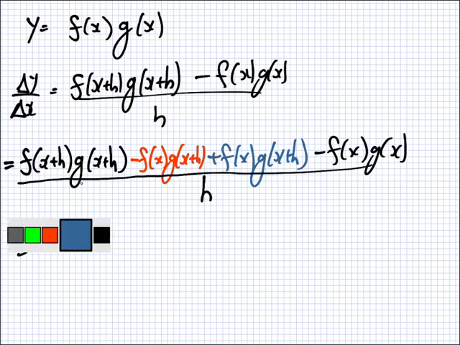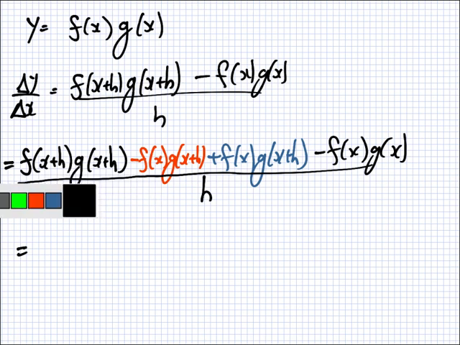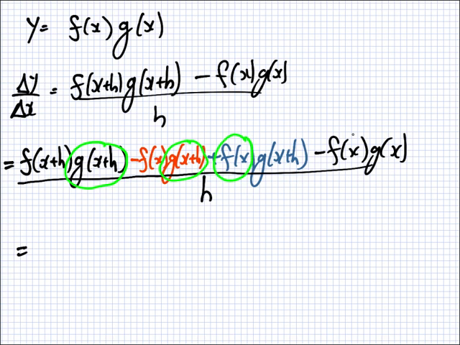Now if you look at the first two, can you see that g(x plus h) is common? And if you look at the next two, f(x) is common. I'll use a different colour, grey.